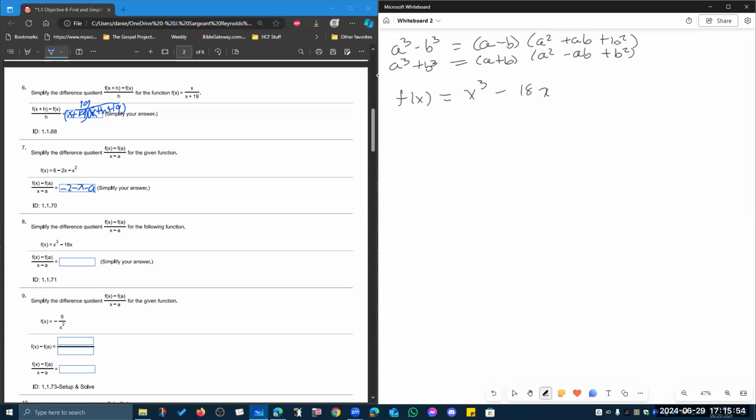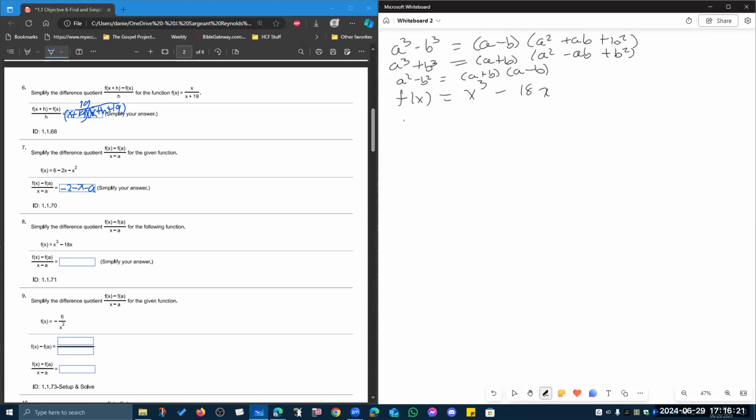Those are difference of cubes and sum of cubes. I've already been using difference of squares that hopefully you remember as well. Those are three special factoring techniques that we're going to be using a lot here with these difference quotients. So if you have not already memorized those, go ahead and write those down. Start working on memorizing those.